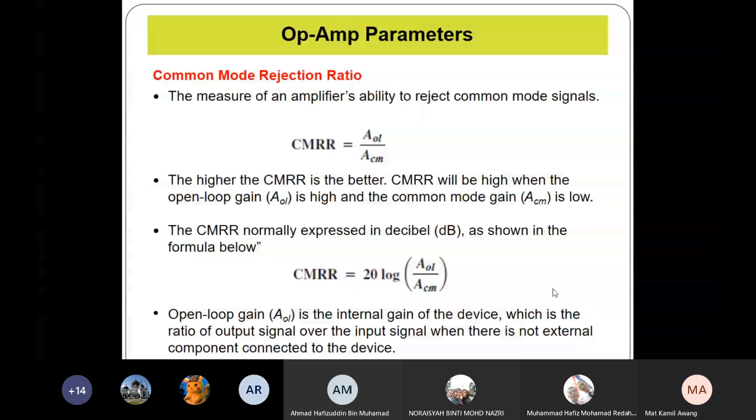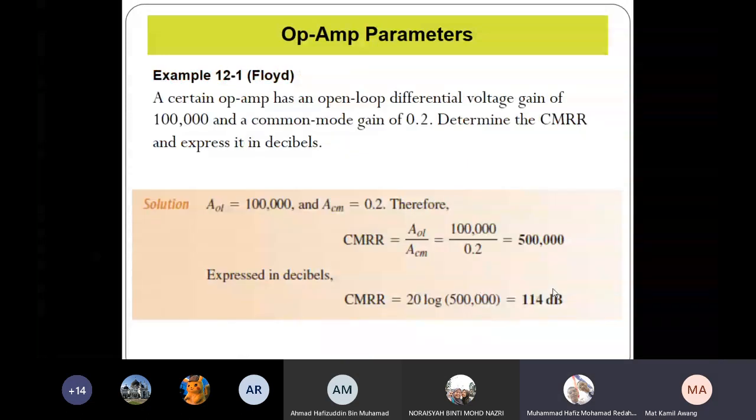Example: let's say you are given an OpAmp which has an open loop differential voltage gain of 100,000 and a common mode gain of 0.2. Calculate the CMRR and express it in decibels. The CMRR is equal to the open loop gain divided by ACM.